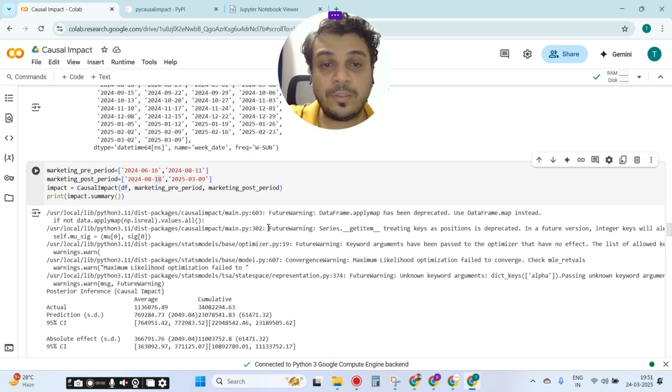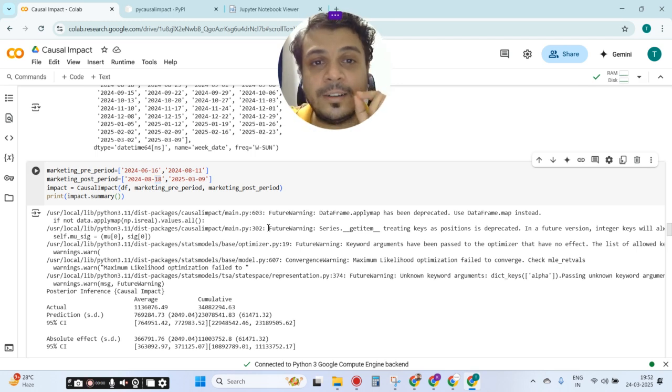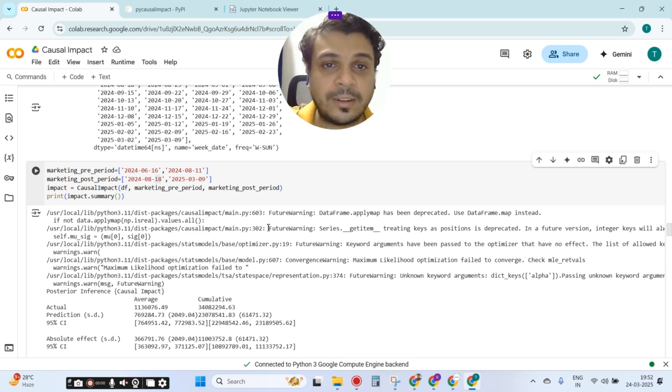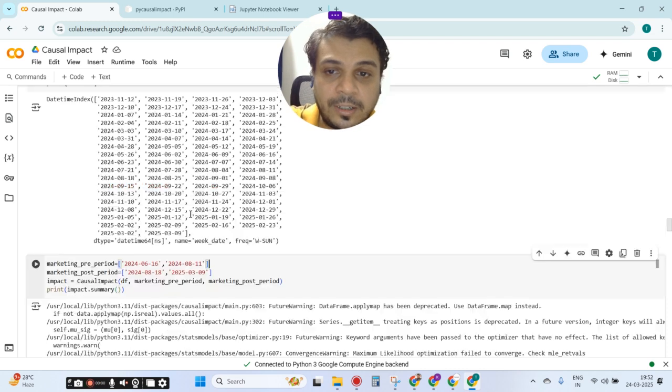So in this case, as you understand, the intervention is not a singular temporal data point. It's actually a weekly temporal data point because we have the date column varying on a weekly basis. So it starts from that intervention week, and then it goes on to the last date of the entire data range.